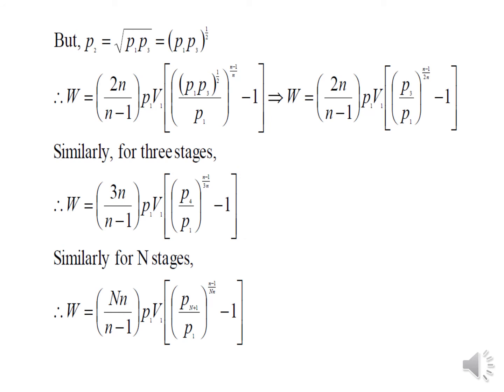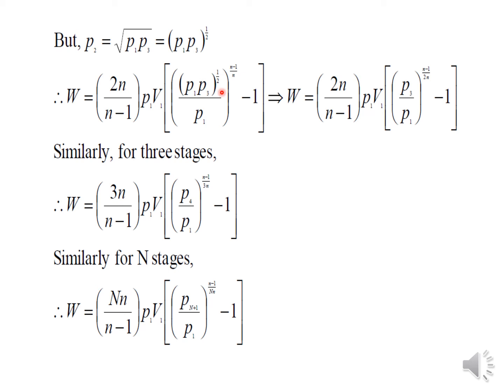Now we will simplify further. I can write P2 as root of P1 into P3, so P2 by P1 is P3 by P1 raised to half. To cancel this, I take P1 outside; since it is already a root, I should take it outside as P1 square.